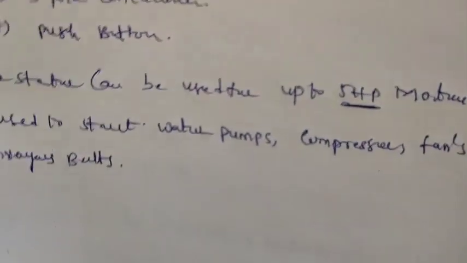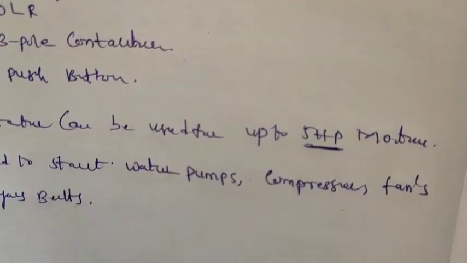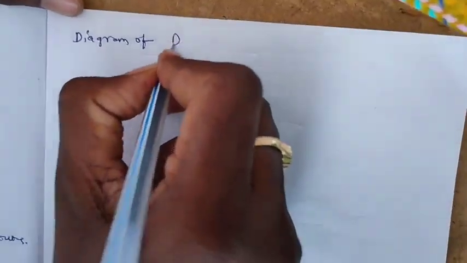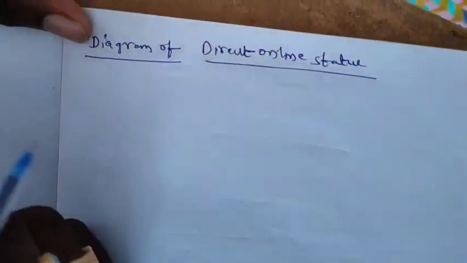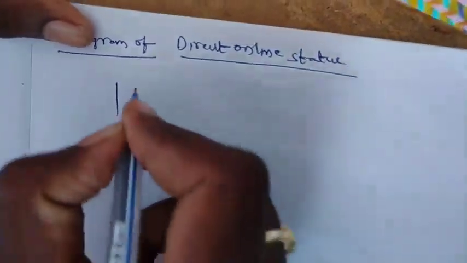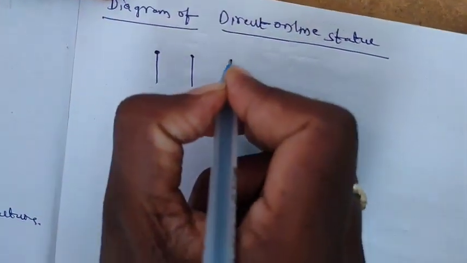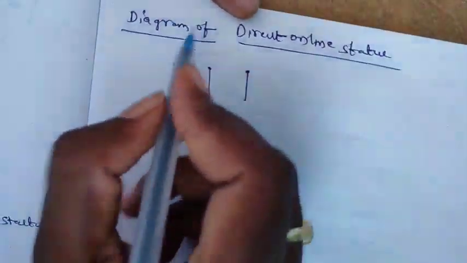So next we can see the diagram of the direct online starter. This is for a 3-phase machine, so we use 3 phases. We can indicate 1 2 3, or RYB, or XYZ.